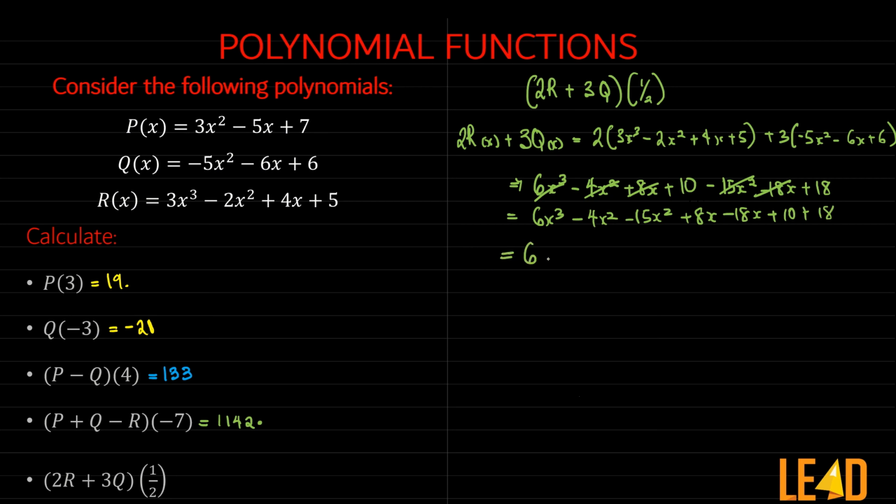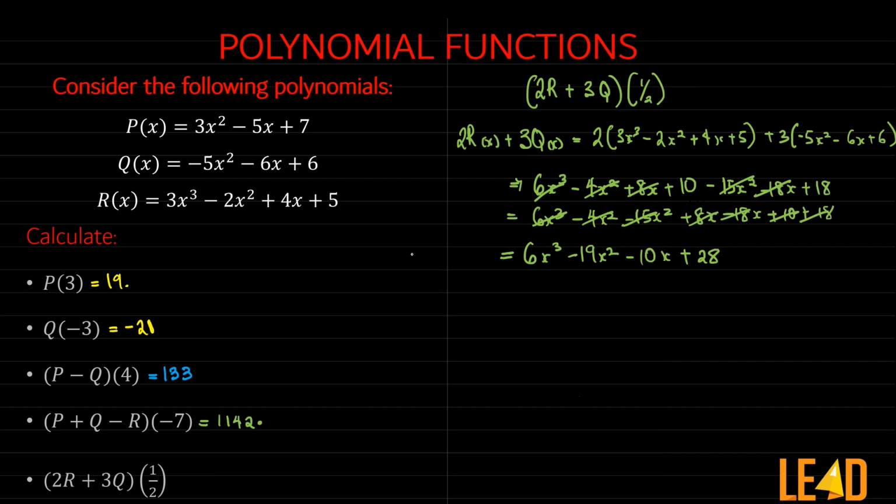Okay, collecting the like terms, I would have 6x cubed. This would give me minus 19x squared. This would give me minus 10x. This would give me plus 28. So 6x cubed minus 19x squared minus 10x. Okay, good. So plus 28. Good.